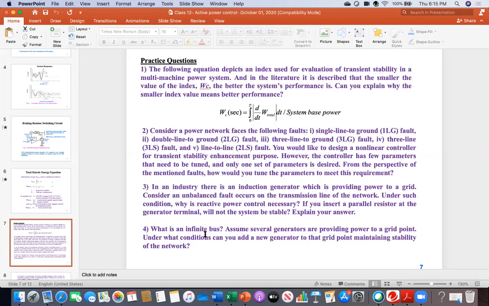That is the meaning. Sometimes in the literature, like the book that I am using, Prabha Kundur's book, or any other power book, you will see it called the slack bus, or the reference bus. It is the same meaning, or it is called the infinite bus.